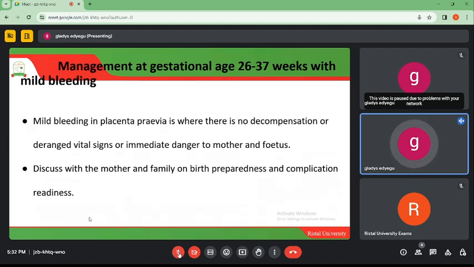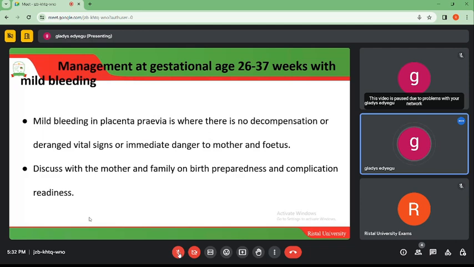When the bleeding is mild, the mother is not having a low BP, she's not having a high pulse, she's not in shock, and the baby also has a good fetal heart rate. But when the mother is having profuse bleeding, all these I've mentioned deviate from normal to abnormal. In mild bleeding, there is no decompensation of all these other vitals, and they are all normal because the bleeding is not much.